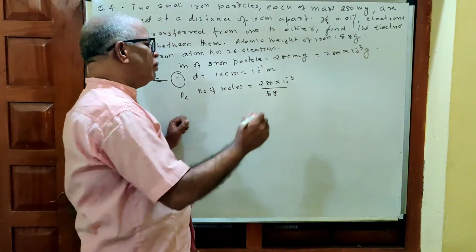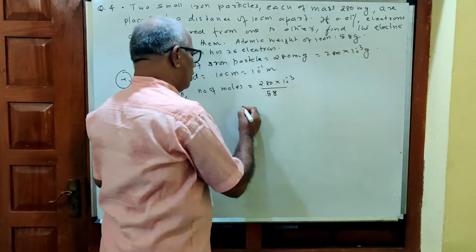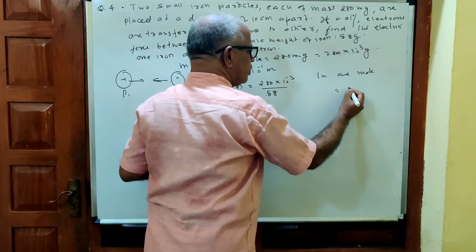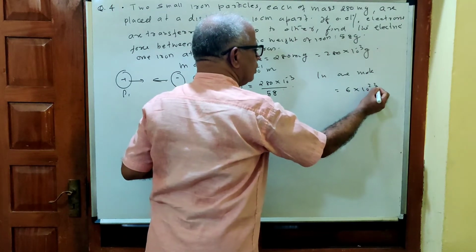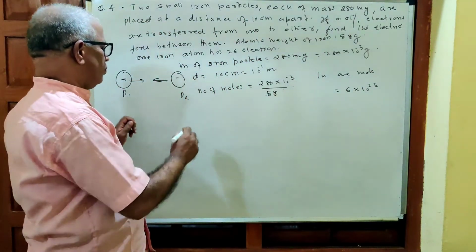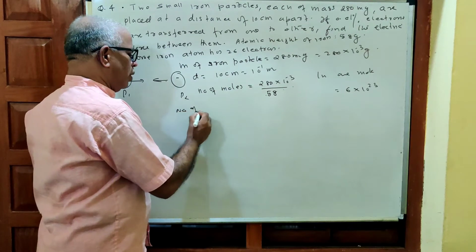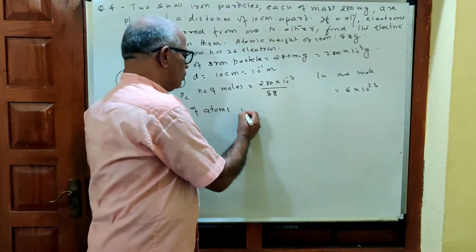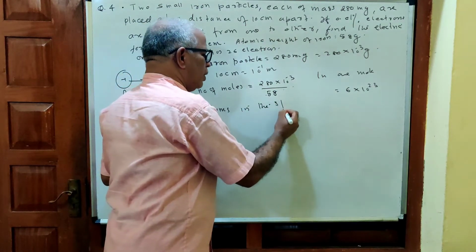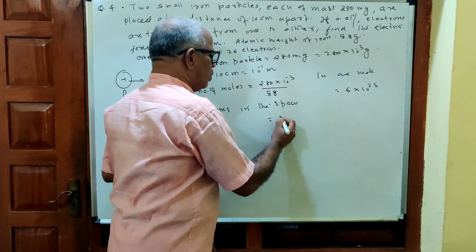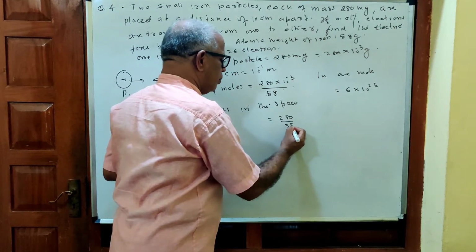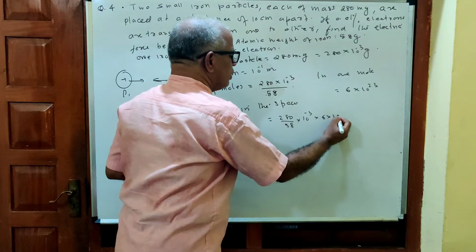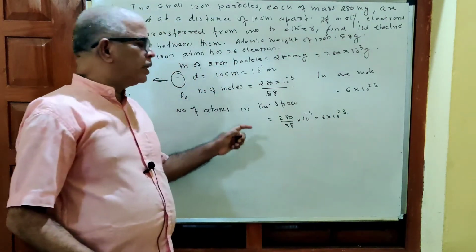In 1 mole we have approximately 6 into 10 to the power 23 atoms. Number of atoms in the specimen is equal to 280 by 56 into 10 to the power minus 3 into 6 into 10 to the power 23. This many atoms are there.